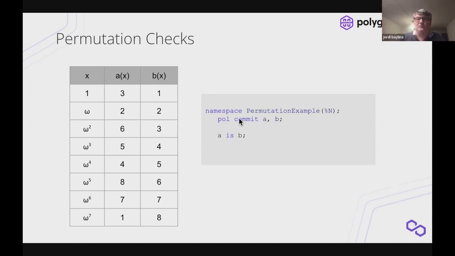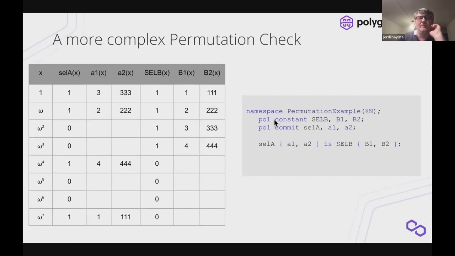So I can commit to two polynomials, and then I can prove this. When I generate a proof, what I prove is that one of these polynomials is a permutation of the other. I can also do a permutation check in multiple columns. For example, here you see that A1 and A2 must be equal to B1 and B2, but in a different order, and only with some selectors, only in the rows where selector A is 1.